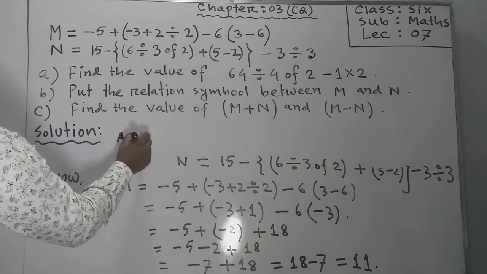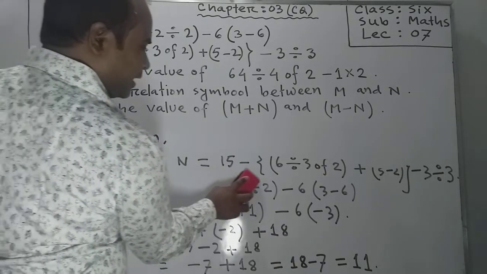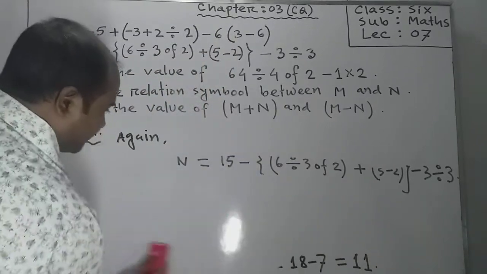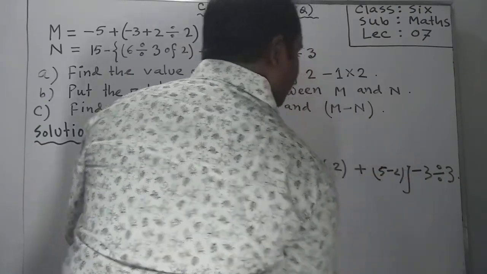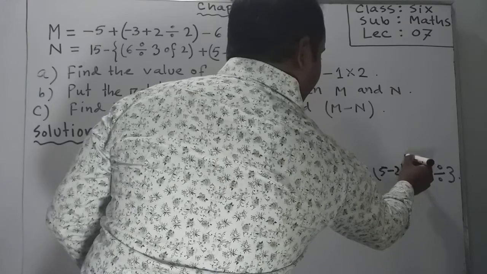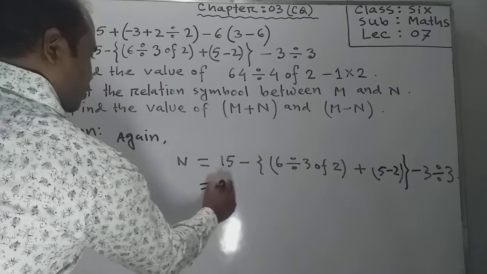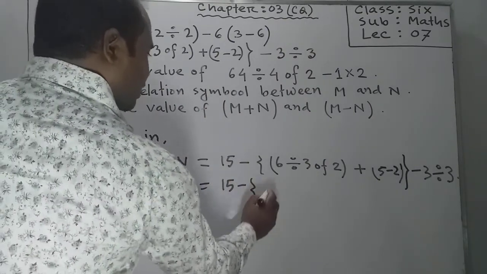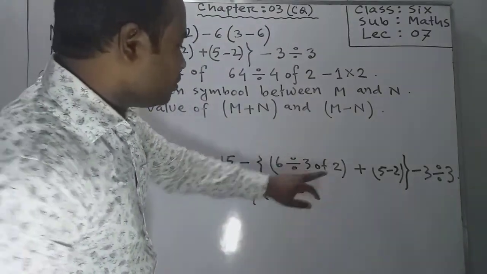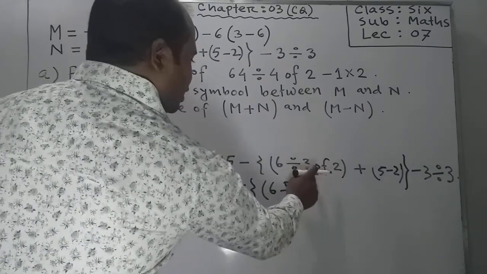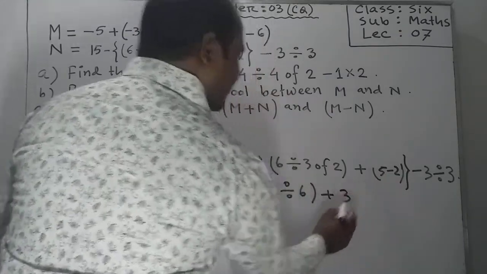Again, m equals 11 and n equals 15 minus the second bracket. 6 divided by 3 of 2; here we have a division symbol and an "of" symbol, so "of" comes first. 3 of 2 means 6. Plus 5 minus 2 is 3.